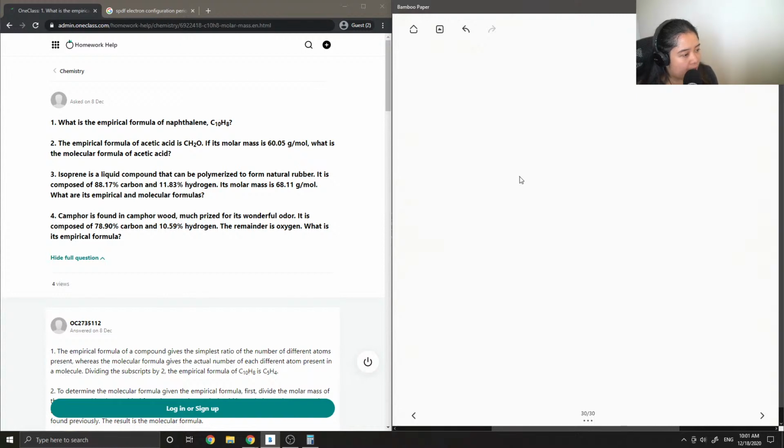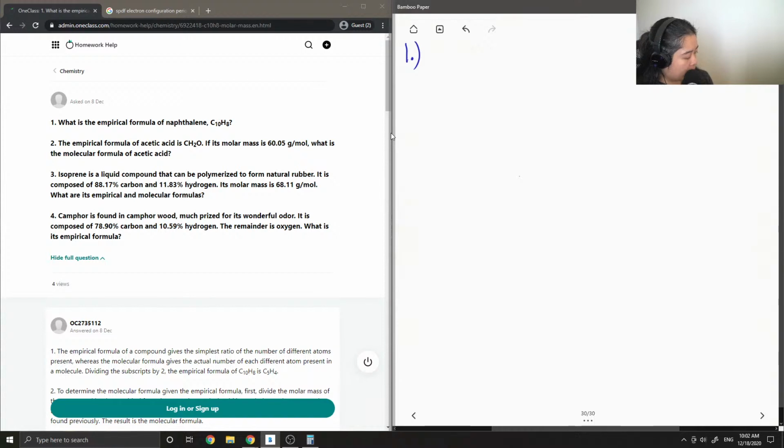Part 3 is also looking for its empirical and molecular formulas. And lastly, we are given percent compositions of both carbon and hydrogen, and then we just need to find its empirical formula. Okay, so let's tackle all the different questions one by one.